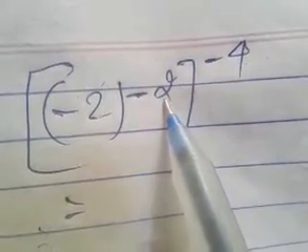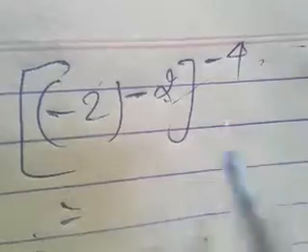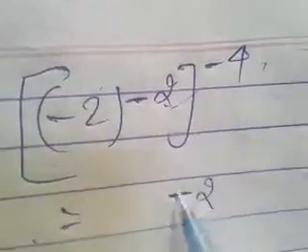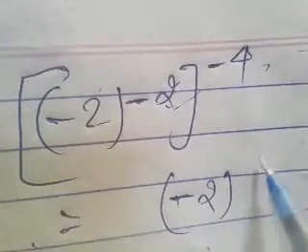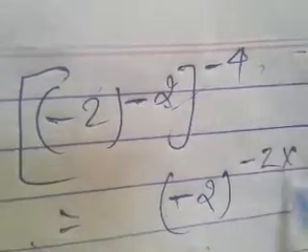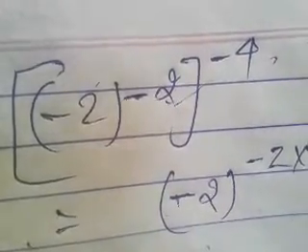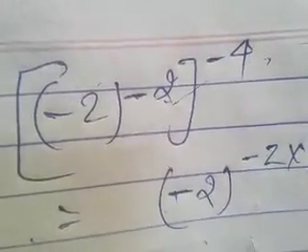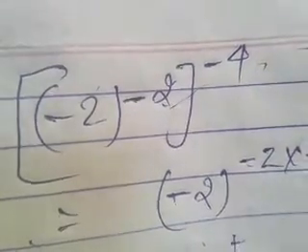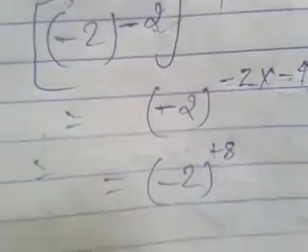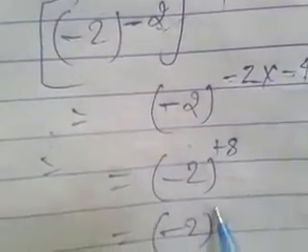Power of power means power will be multiplied. So minus 2 power multiply is minus 2 multiply minus 4, and we will get minus 2 raised to the power minus minus we will get plus, and 2 fours are 8. So minus 2 raised to the power 8 is the answer.